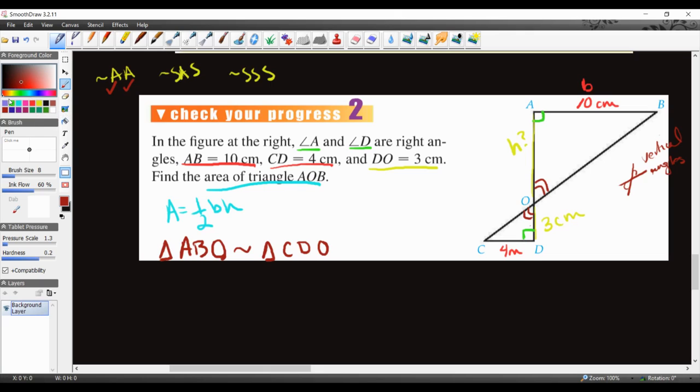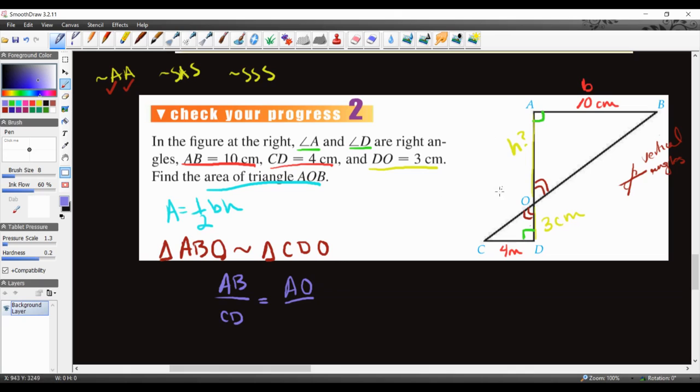I'm going to do the proportions now, starting with AB. I'm going to do this pretty quickly. So this piece up here, AB, corresponds to CD. Since I started with the bigger triangle, I'm going to continue. I don't know what AO is, but that's what I'm looking for.